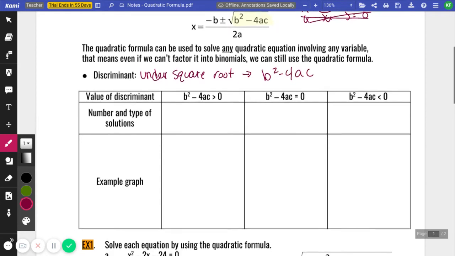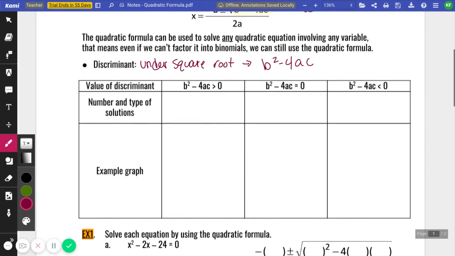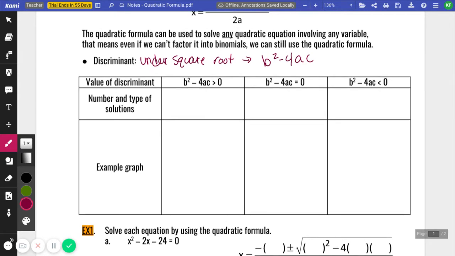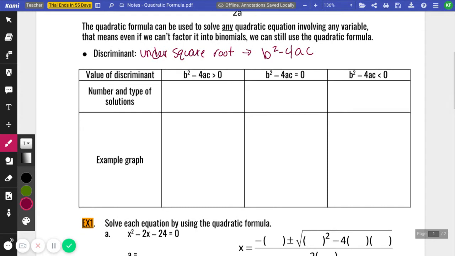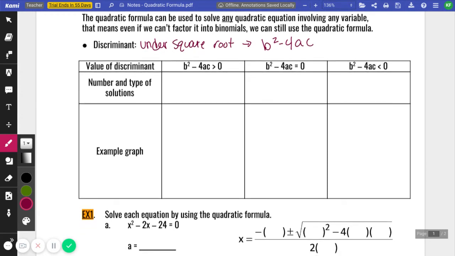And that is going to tell us some specific things about the types of solutions we're going to have. There are different indicators from the value that ends up under the square root that will tell us specific things about the quadratic function that we're trying to solve.